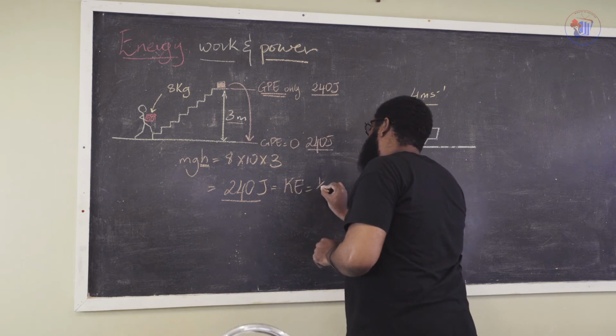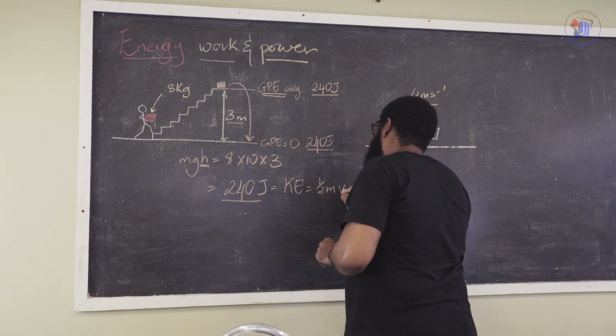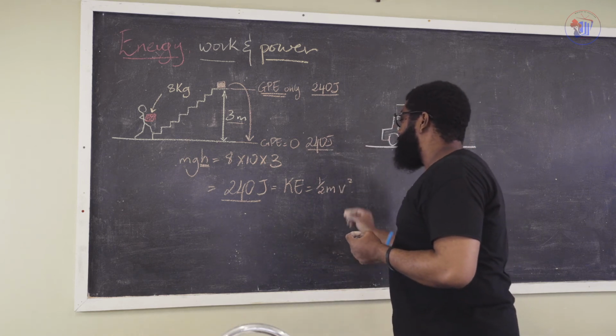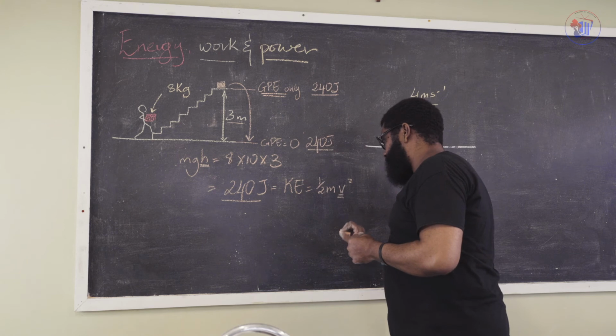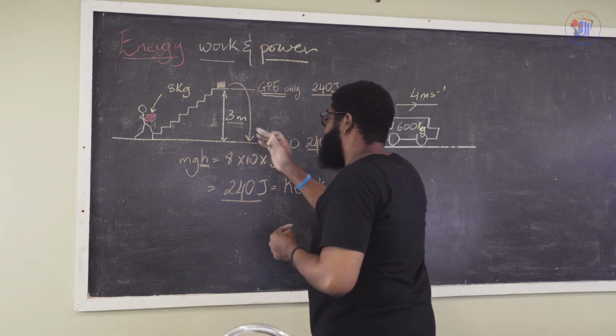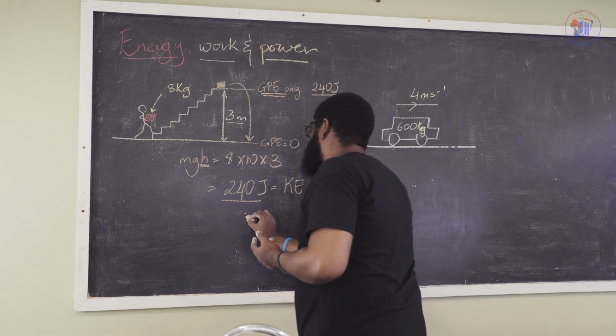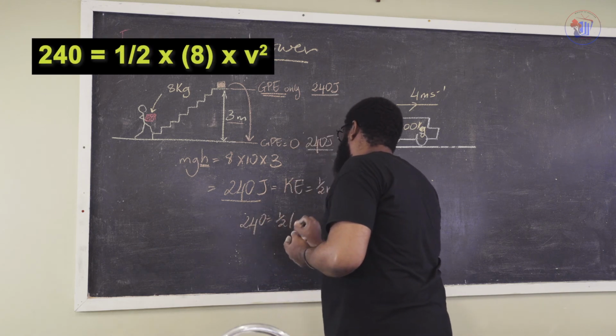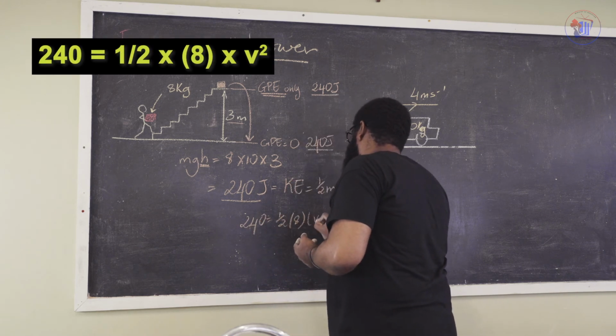But KE is half times m times v squared. Now, I asked you, what is its velocity? Again, mass is 8, so we just do some simple substitution. 240 is equal to half of 8 times v squared.